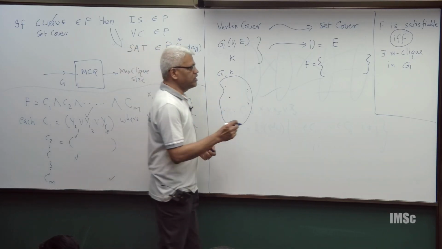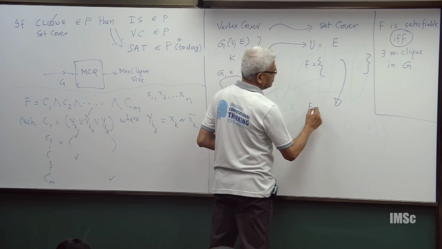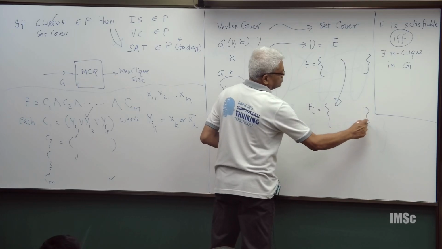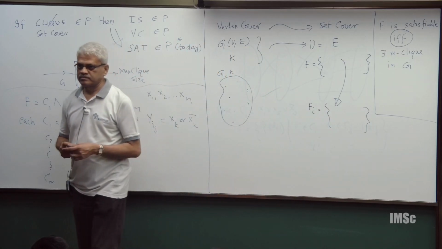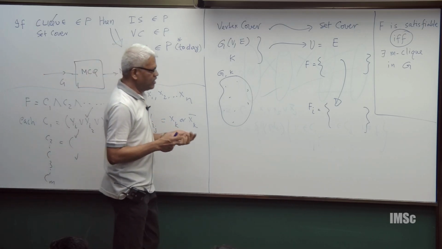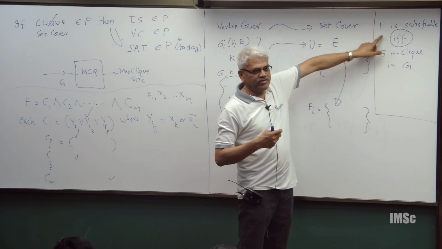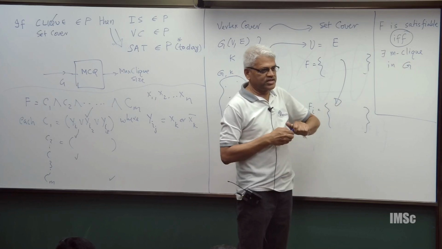Okay. So, what should a typical set here be? And how many sets should there be? Because again, let us keep this kind of a goal. Earlier we said F is satisfiable if and only if there is an m clique.